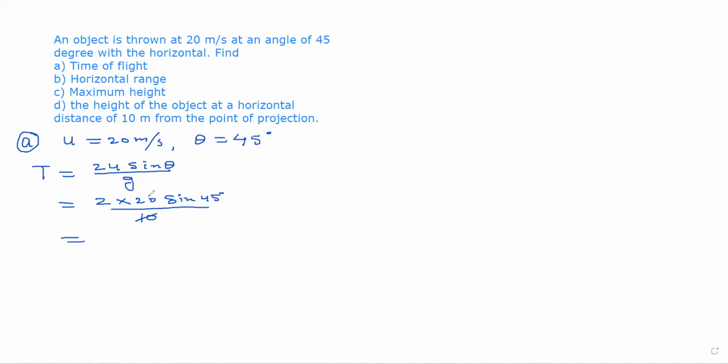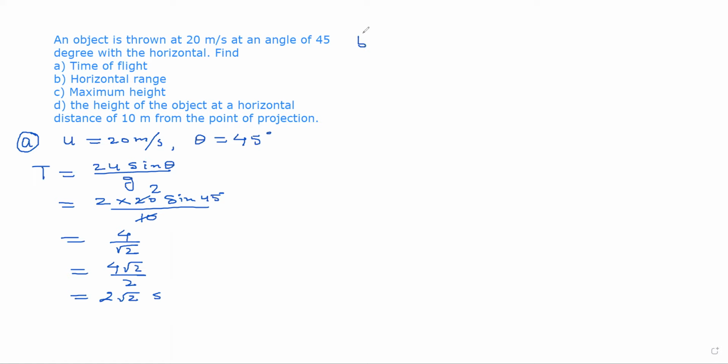So this is 40 by 10 root 2, or you can say this is 4 root 2 by 2, or 2 root 2 seconds. This is the time of flight.